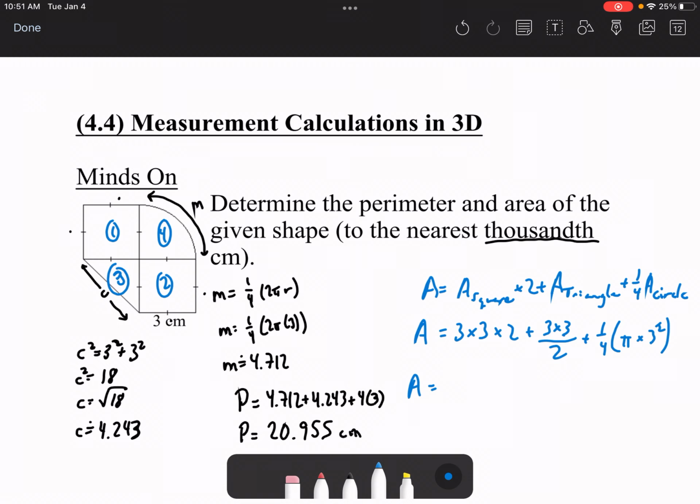I get approximately 29.569 centimeters squared. Okay, so that's how I work that out.